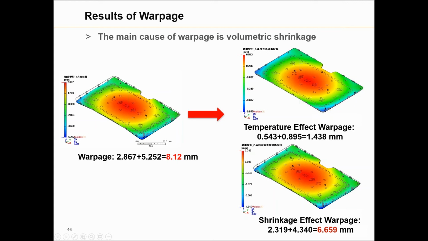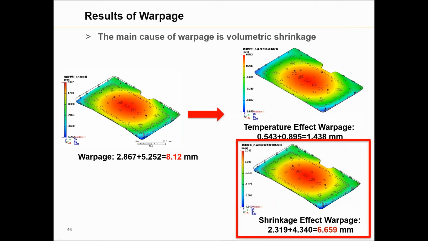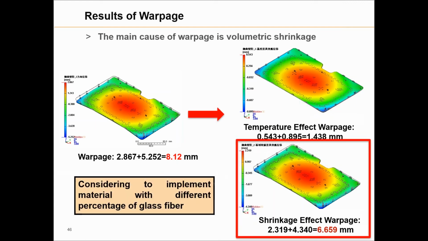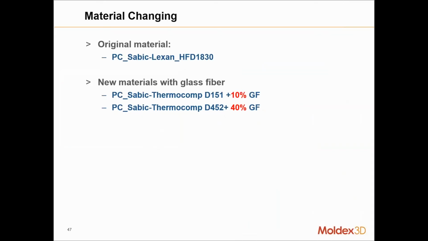So then, what they went about doing was consider molding this with glass fiber, right? Different material and different percentage of fiber filler. The original material was a SABIC. The new materials that they tried out were with different percentages of fiber, right? 10 and 40.